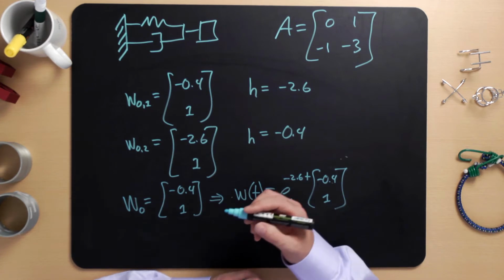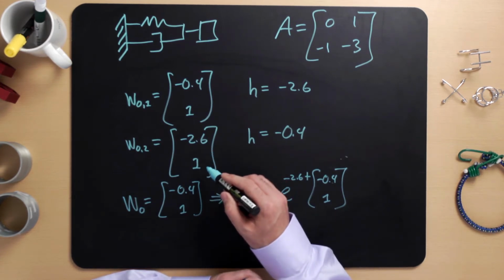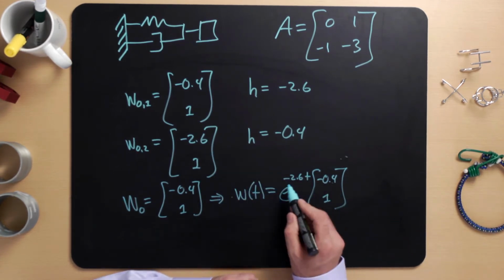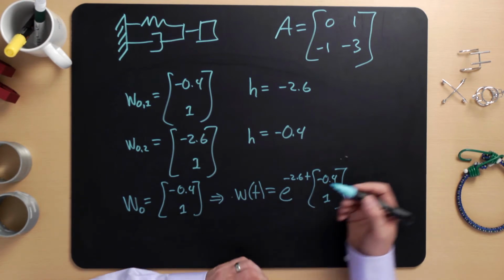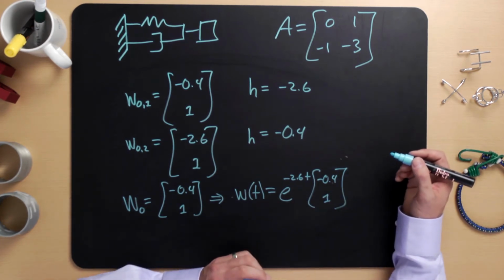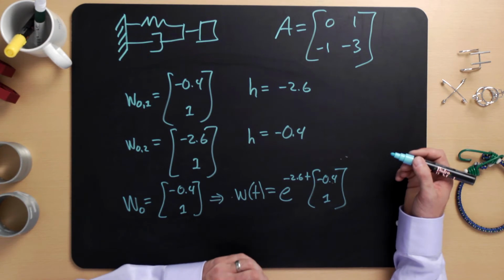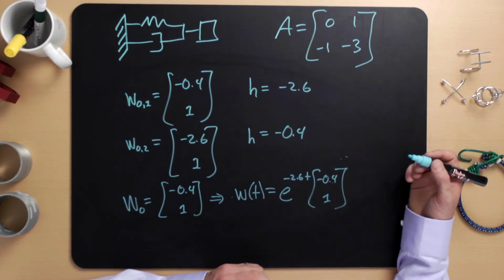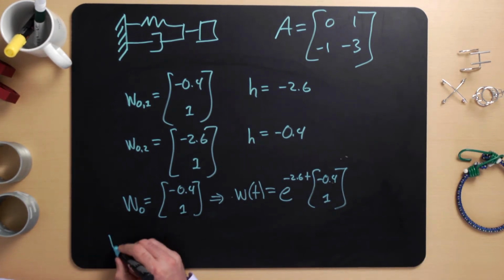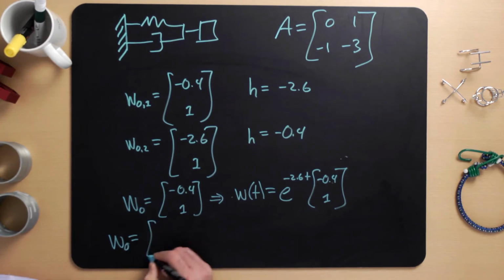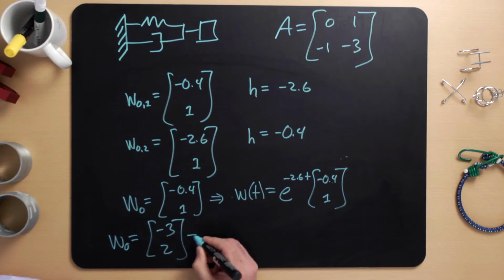Similarly, if I had w0 equal to the other eigenvector, then I would get the exponential with that exponent in it. Moreover, if w0 is 3 times one of these vectors, then I would just multiply that exponential solution by 3 because of superposition.